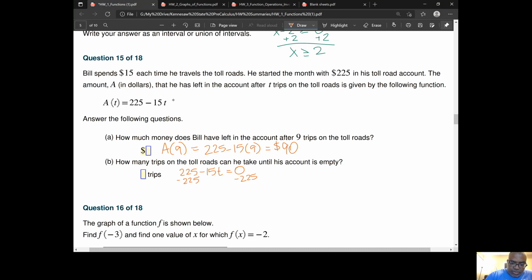You end up with negative 15t is equal to negative 225, divided by negative 15. I know what this is, but you can never be too sure. And you get t is equal to 15. So 90 and 15.